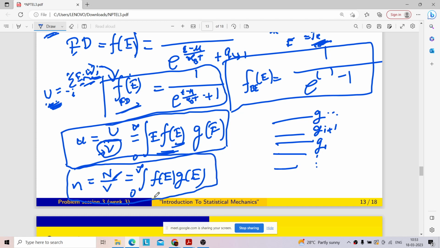What this function does is calculate the number of microstates or number of particles per unit volume. As we have seen from the last examples, we used to calculate the number of microstates, and this distribution is similar to that calculation. Each microstate has some degeneracy, so we have to multiply with this distribution. Then we can calculate the number of particles per volume or the energy per volume.